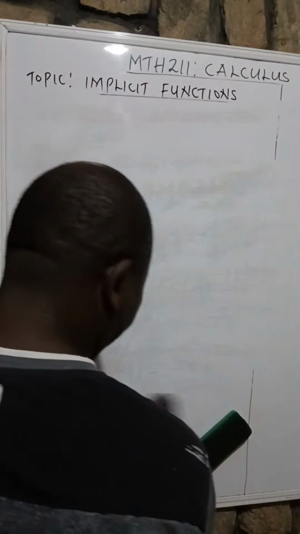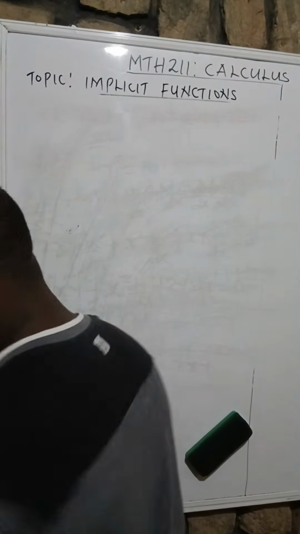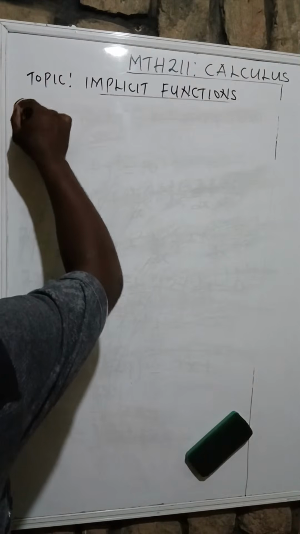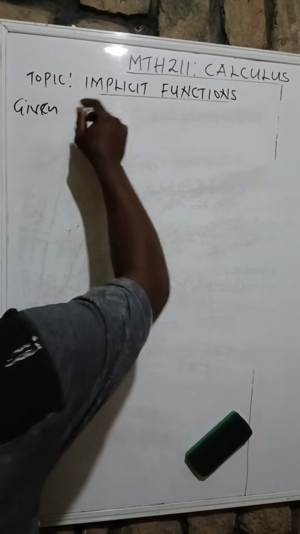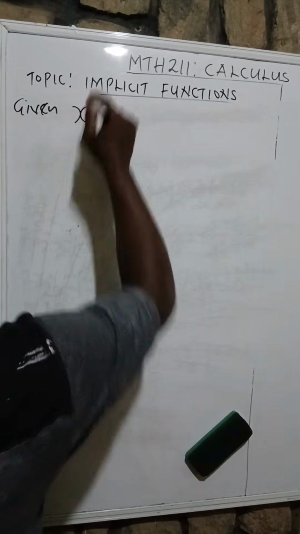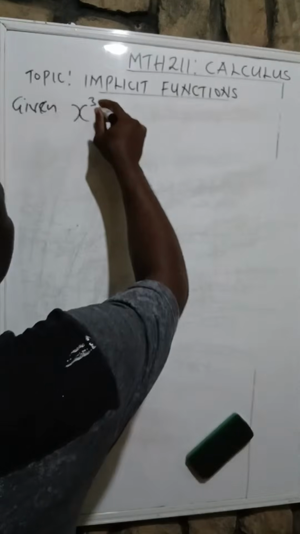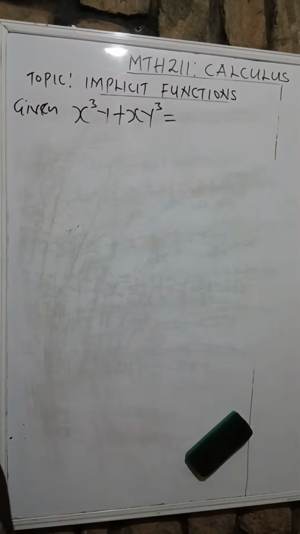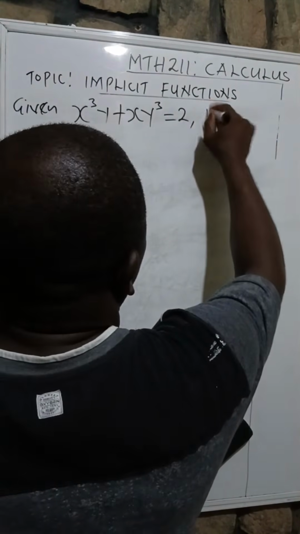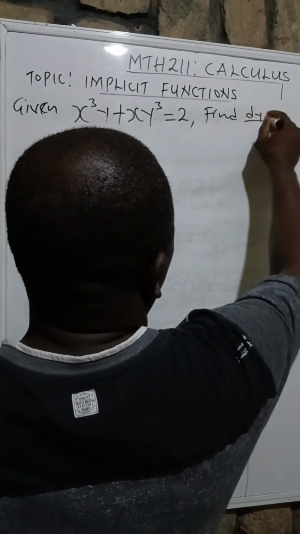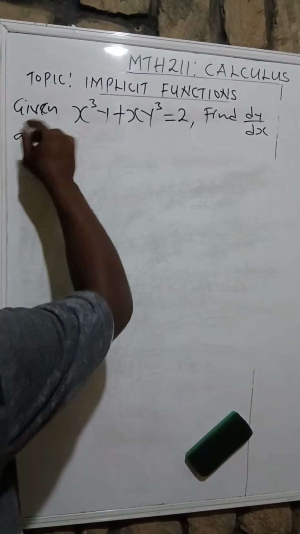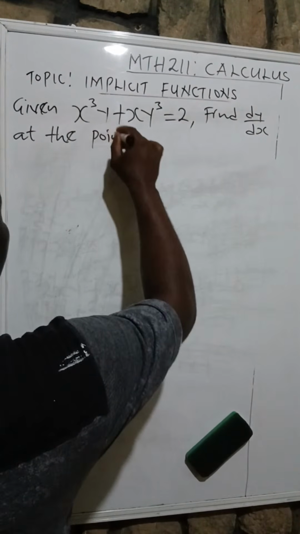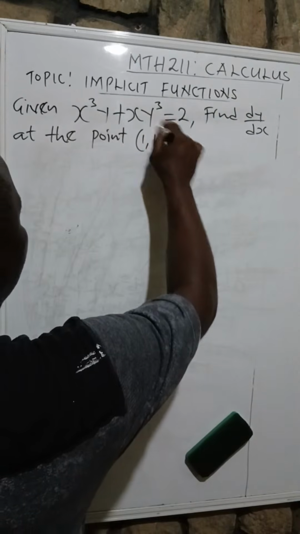Let's look at: given x raised to the power of 3 y plus x y raised to the power of 3 equals 2, find dy over dx at the point 1, 1.